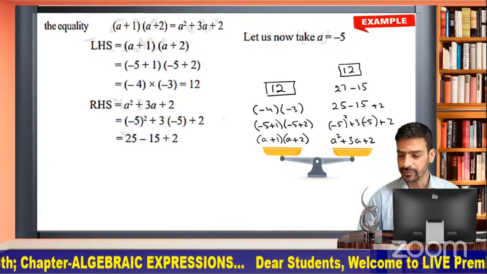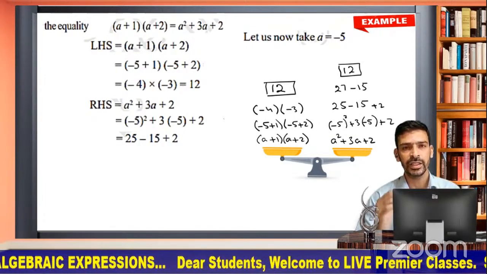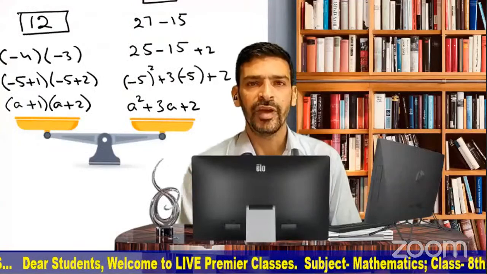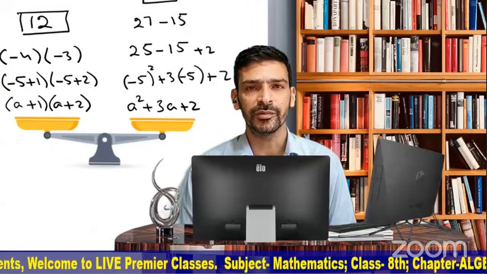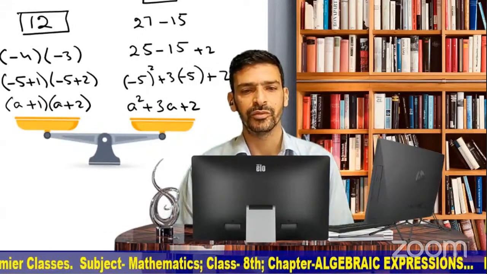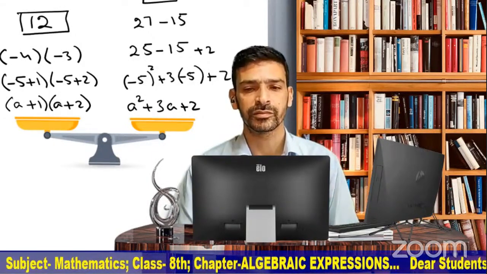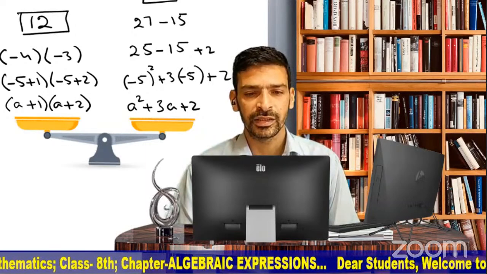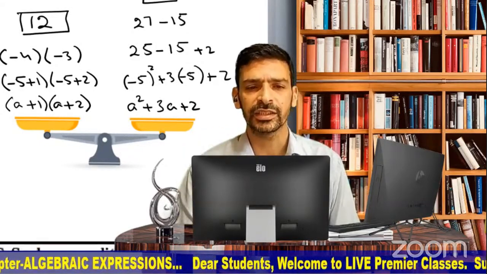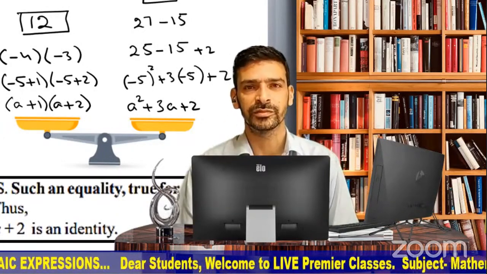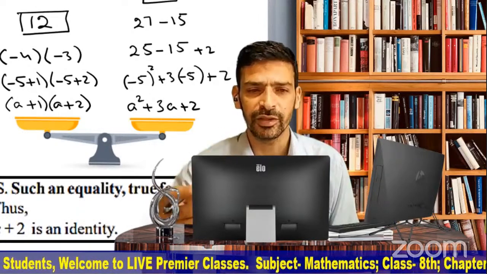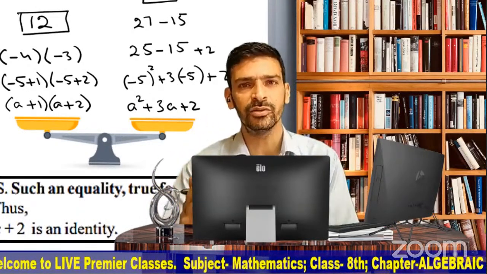We have an equality. इस equality में हमने वेरिएबल देखा, it is a. वेरिएबल a का वैल्यू हमने 10 सब्स्टिट्यूट किया, we got LHS equals RHS. हमने वैल्यू चेंज करके -5 लिया, we got LHS equals RHS. तो हम कह सकते हैं कि हमने 2 वैल्यूज इधर ट्राई किए, ठीक, हम तीसरा भी कर सकते हैं, फोर्थ वन भी कर सकते हैं, ठीक है. बट अब अगर हमने 2 वैल्यूज पर देखा कि LHS RHS के इक्वल बनता है, अब अगर तीसरा वैल्यू चौथा वैल्यू लेंगे तो इसमें LHS और RHS का वैल्यू इक्वल बनेगा.